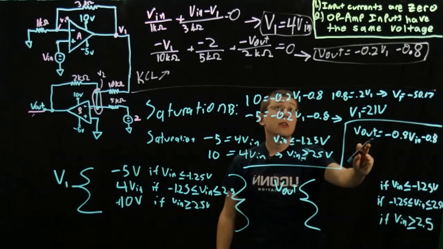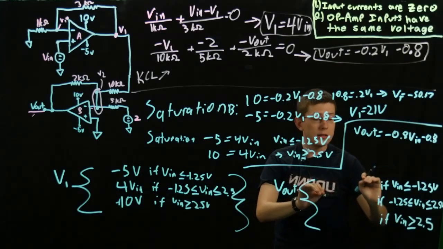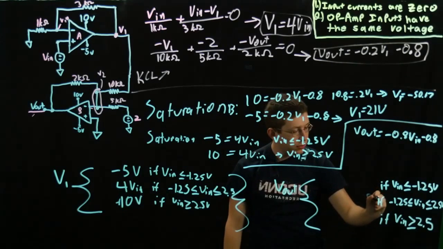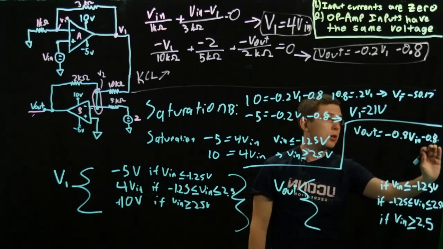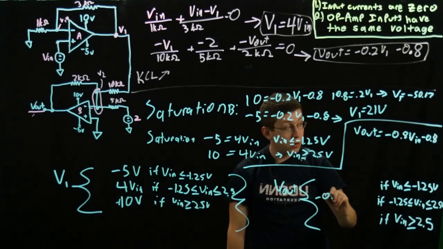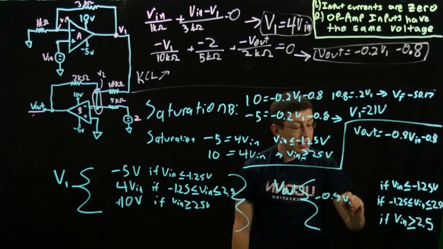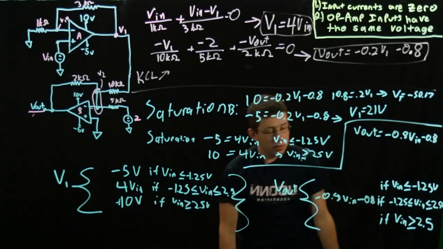So what we found here by substituting these two, this is our middle case if they're acting linearly. So if our first one is linear, not saturated, this relationship will hold true. We'll get V out is negative 0.8 V in minus 0.8 volts.